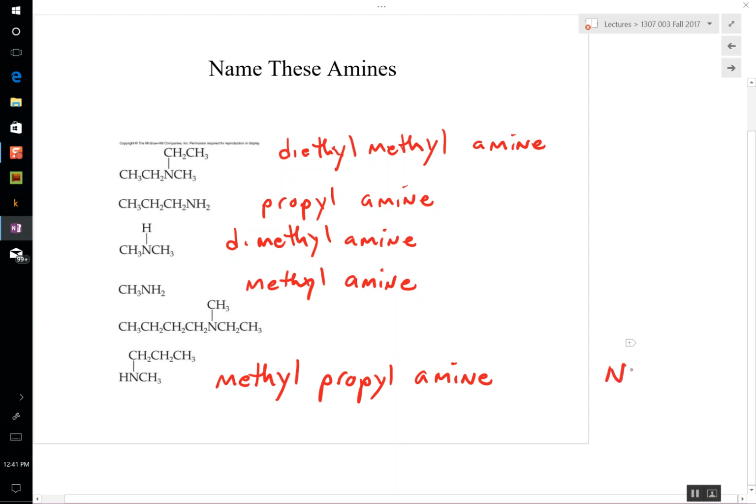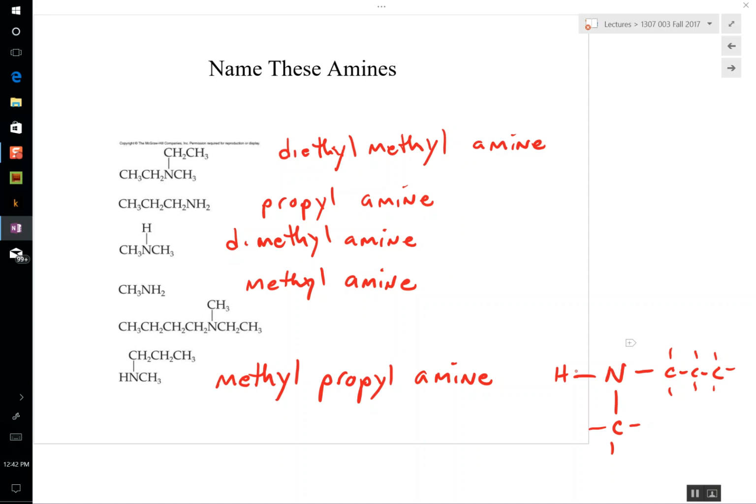Well, you know that an amine is going to have 3 things coming off of it, and if one of them is a propyl and one of them is a methyl, then you know the third one has to be a hydrogen. This one up here, diethylmethylamine, there's going to be no hydrogen on it. You got your 3 groups on the nitrogen. All right, so be able to go from a structure to a simple name, or from a simple name to a structure.